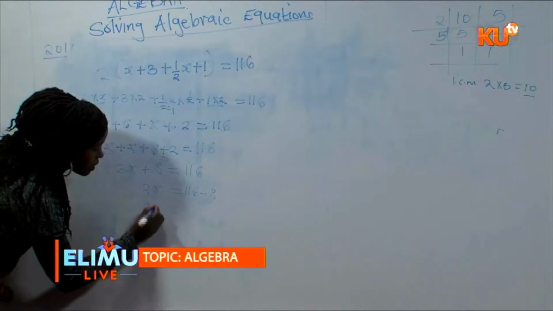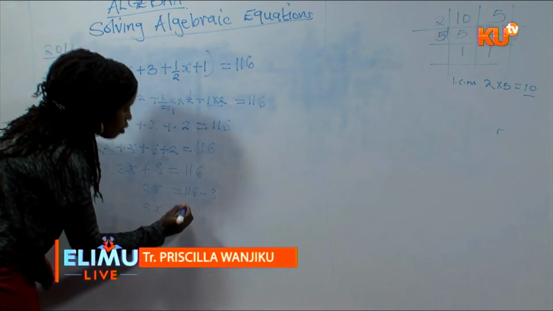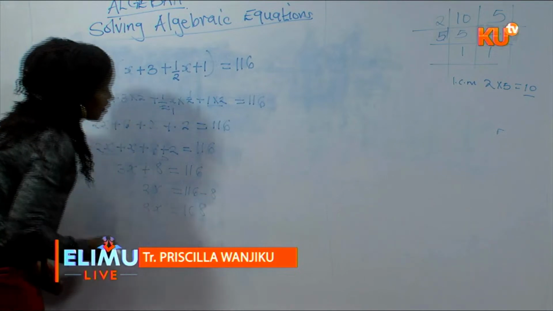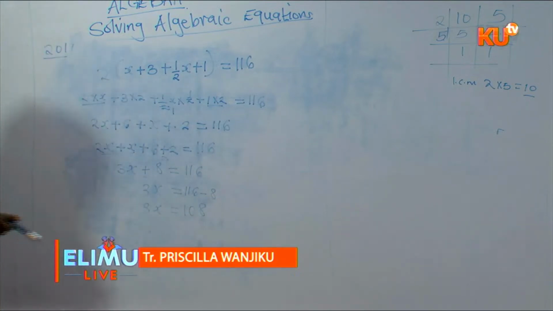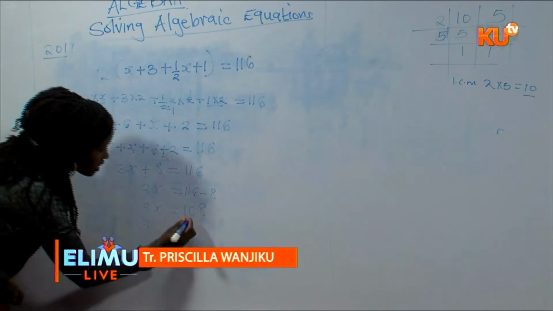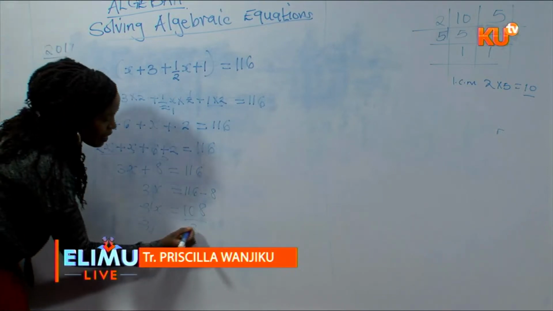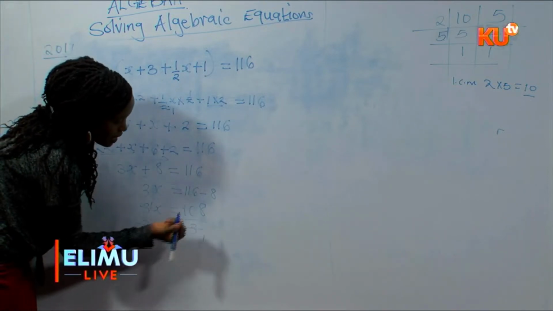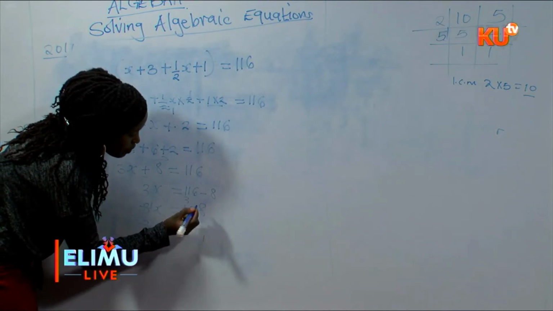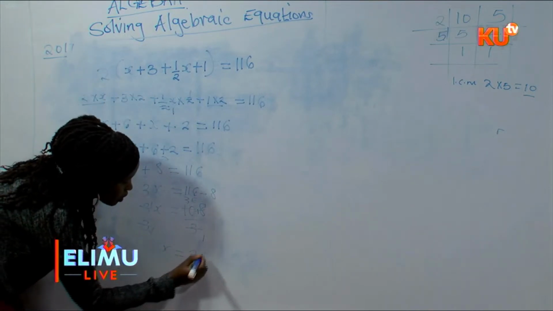So 3x is equal to 116 minus 8, I get 108. After I get the 108, now we get the value of x by dividing both sides by 3. By 3, 1. By 3, 9 because of 3, remainder 1, 18 because of 6. So x is equal to 36.